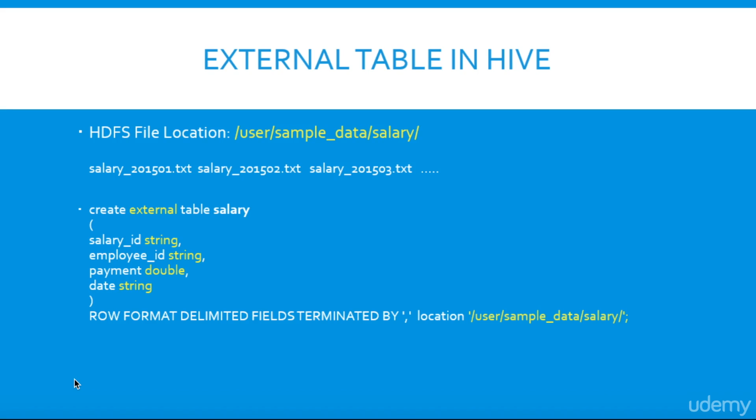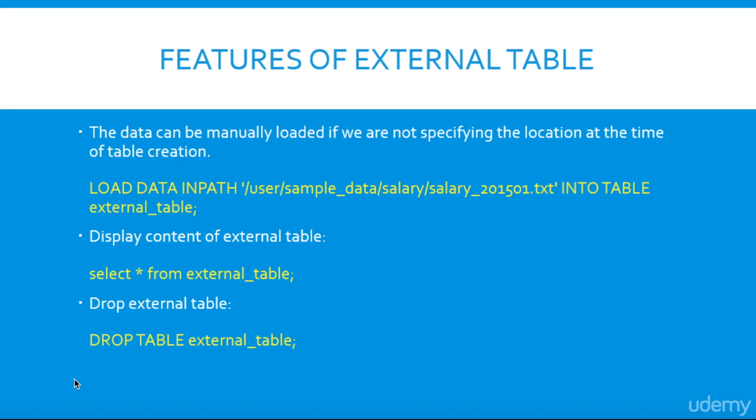This is quite similar to tables we create in traditional databases like MySQL or Oracle, except the location part, which is new here. If you do not specify the location of data at the time of table creation, then you can specify the location during load statements, as you can see in the example here.